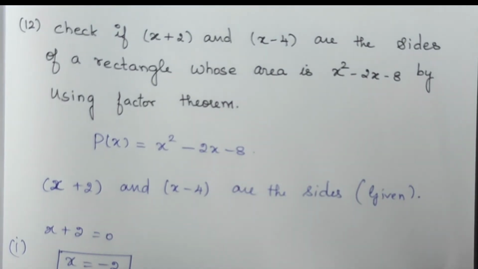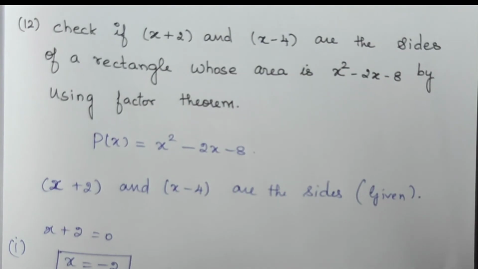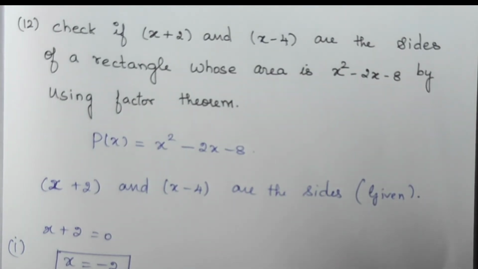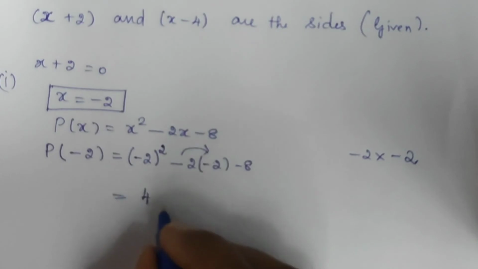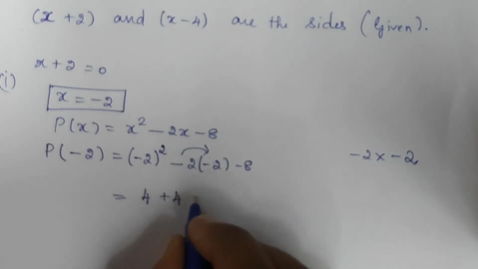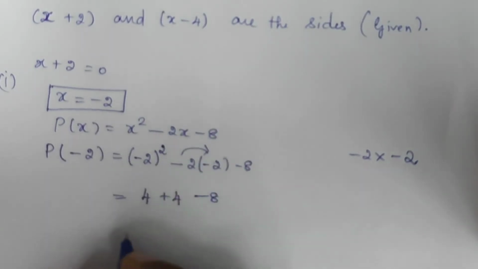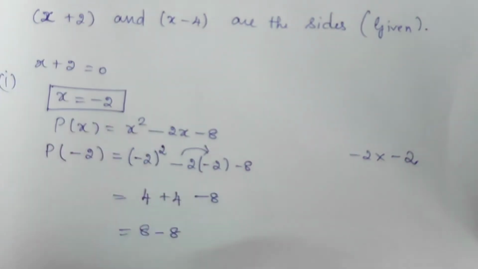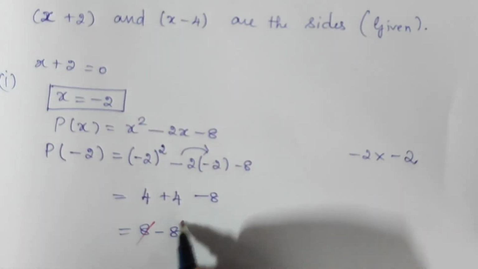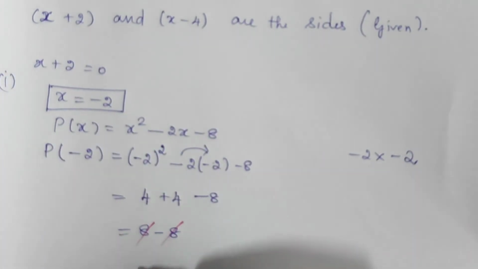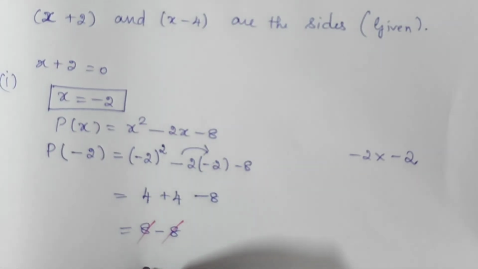Wherever x is there, substitute minus 2. So minus 2 into minus 2 is minus into minus plus, 2 twos are 4, plus 4 minus into minus plus 4 minus 8. So 8 minus 8 will give the answer equal to 0.